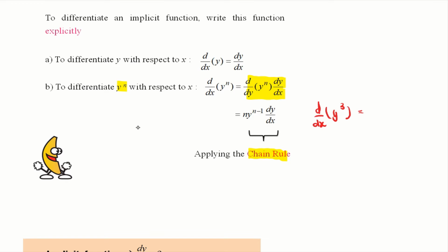So we differentiate y cubed with respect to y, and then we multiply by dy over dx. Here we notice dy here and dy here. This is actually the chain rule. So differentiating y cubed with respect to y, we get 3y squared multiplied by dy/dx.